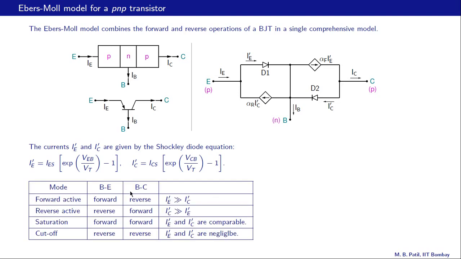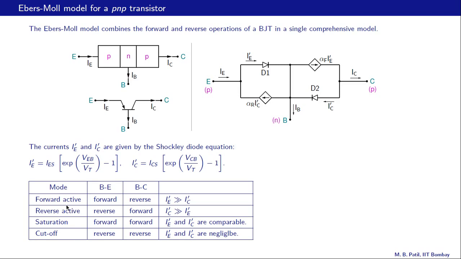Here are the various modes in which the transistor can operate, and there are four modes because we have two junctions. Each one can be forward biased or reverse biased, so that gives us four combinations. We have already seen the forward active mode. We have in fact also seen a circuit example of this mode.